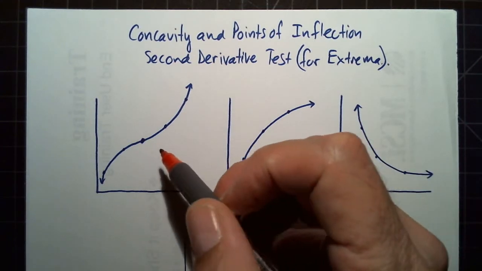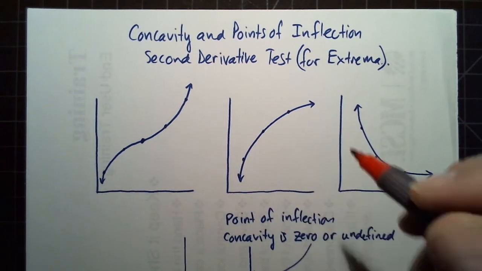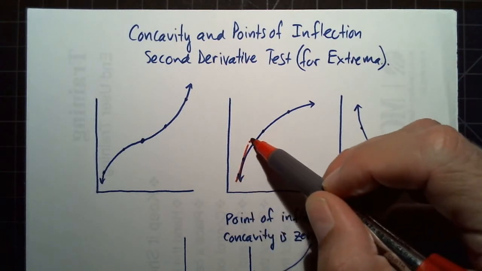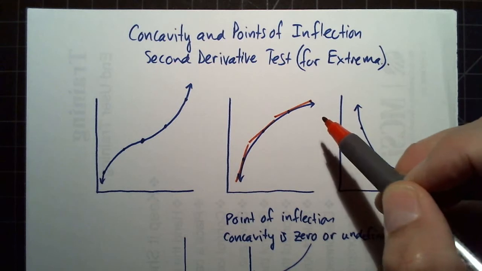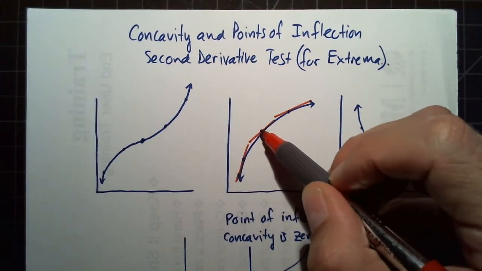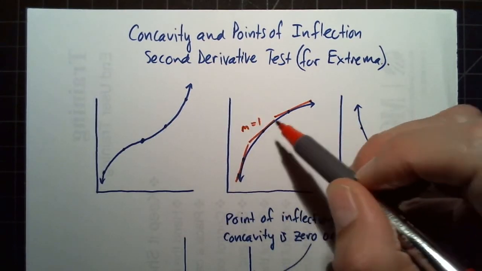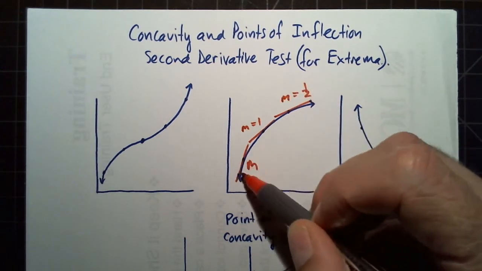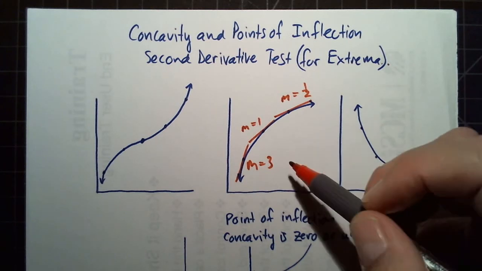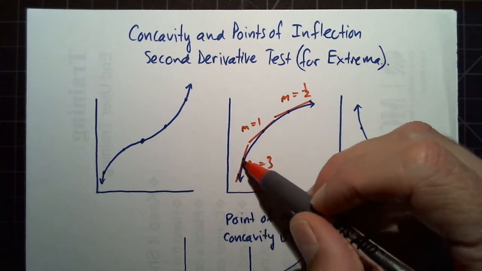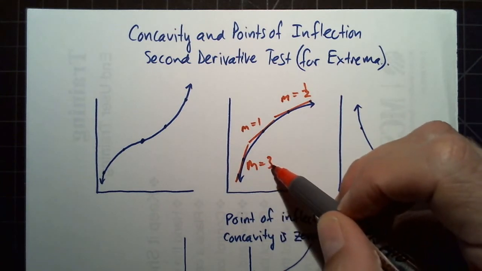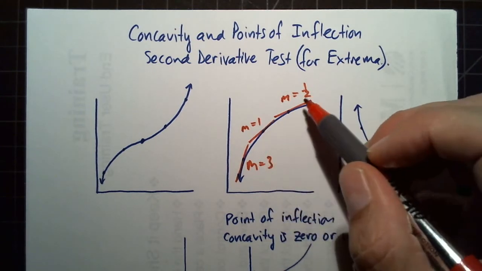If we look at this graph, we have a tangent line here, a tangent line there, and a tangent line there. If we estimate this slope to be 1, this slope maybe a half, and this slope maybe 3, then as we go along the graph the slope is decreasing: 3, 1, 1/2.